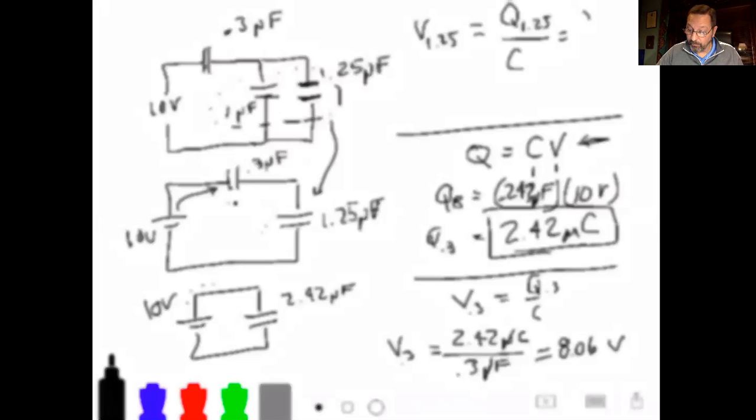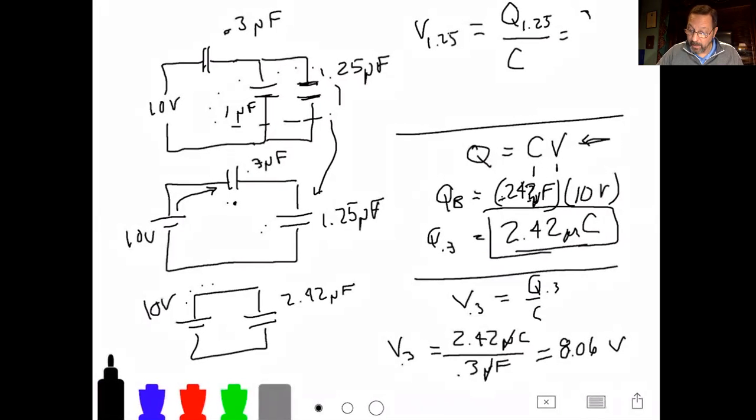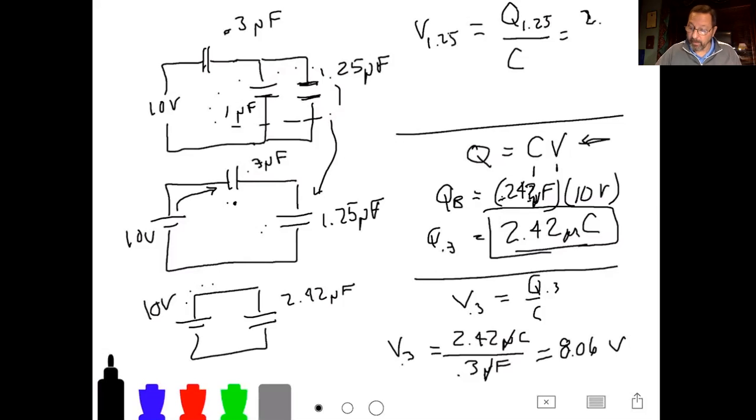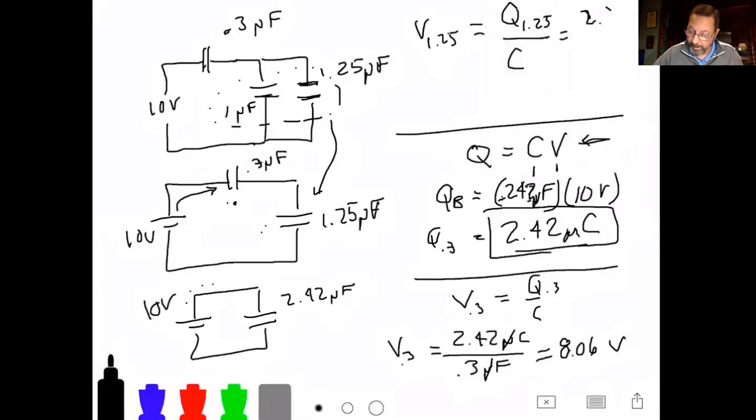And so that means the voltage is equal to 2.42 microcoulombs divided by 1.25 microfarads.